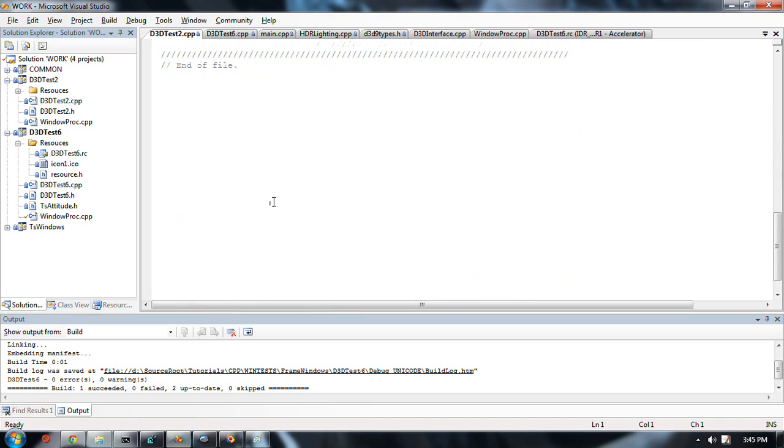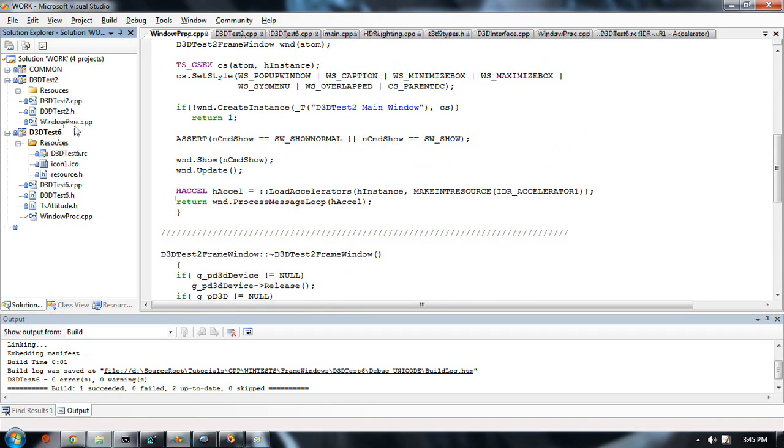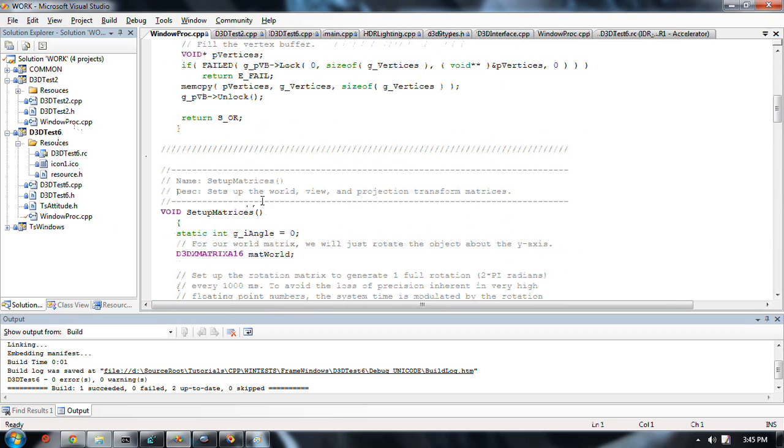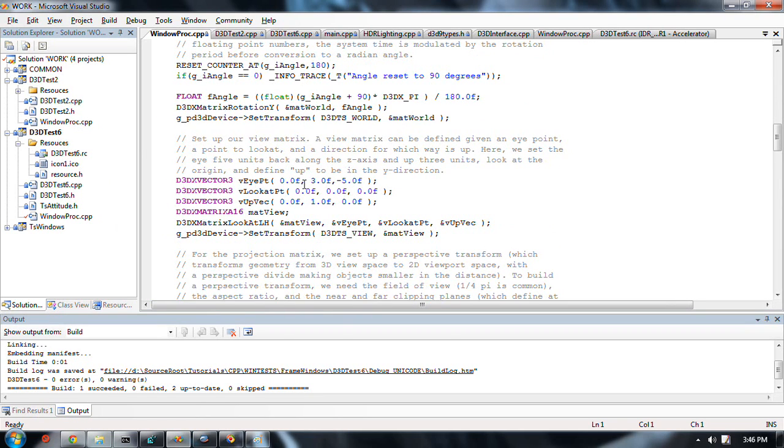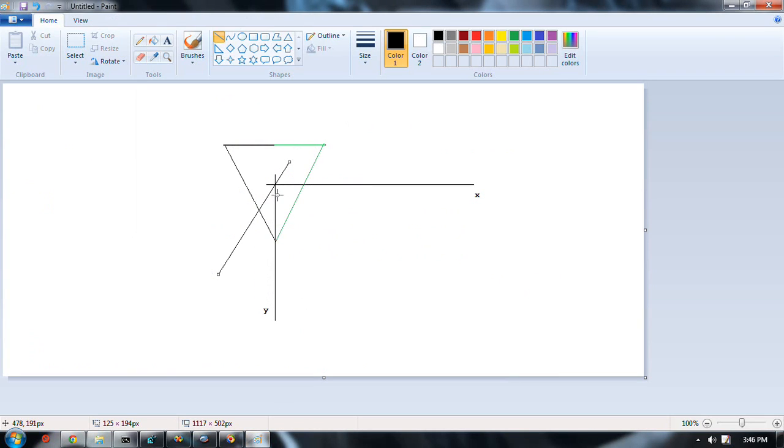Our view position has been the same for all the examples. X, Y, Z. Okay, Z is minus 5 and Y is 3. Well, currently 3 means down.